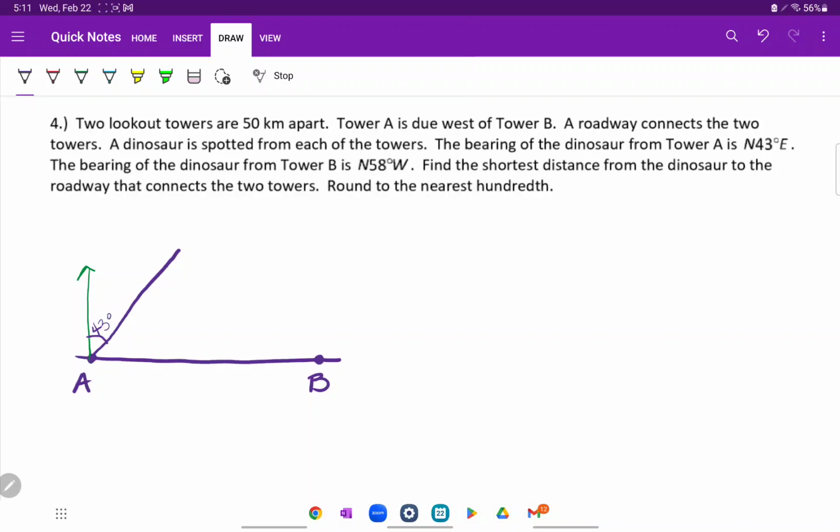And then the bearing of the dinosaur, so I'm saying that the dinosaur is here. They give us a bearing again, right? North 58 degrees west, so here's a due north line. Then I'm going to rotate 58 degrees to the west.